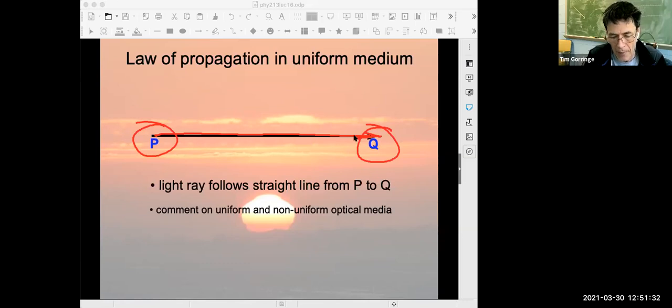It's because the light is traveling through the atmosphere, and the atmosphere in the direction of the horizon is not uniform. That distorts the path of the light rays, and it distorts the shape in which we see the sun. So the law of propagation of light, that light rays travel in a straight line, only applies if the medium, the material they're traveling through, is uniform.